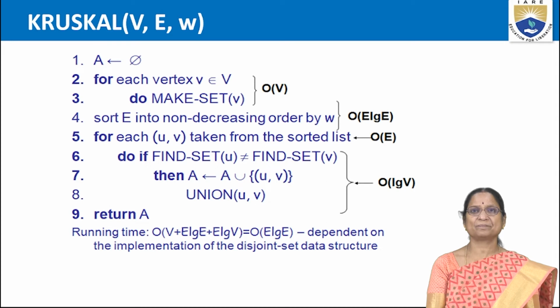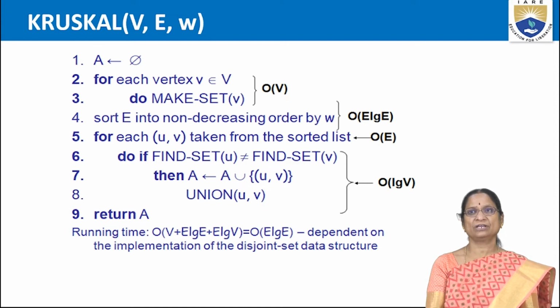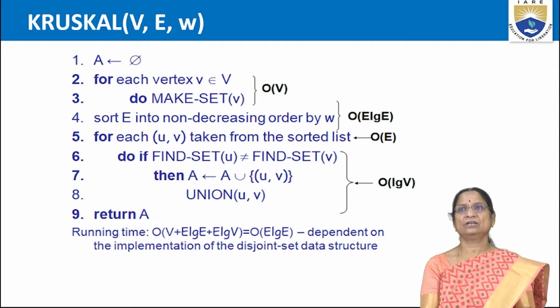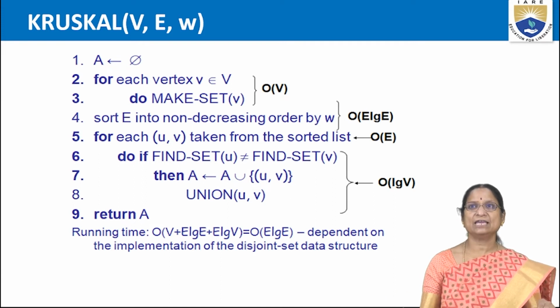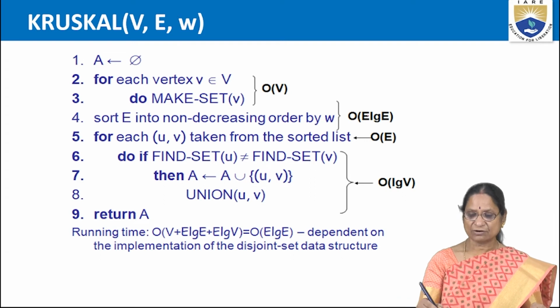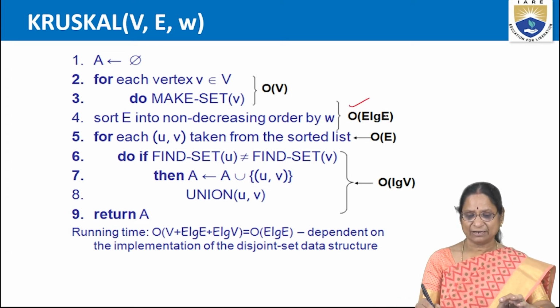The best time complexity of sorting, either merge sort or quick sort, is n log n. Here the number of edges to be sorted, what is the number of edges? E. So we will get E log E. For sorting or arranging our elements, we get E log E.